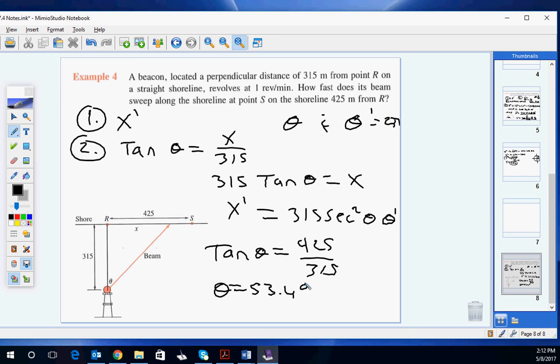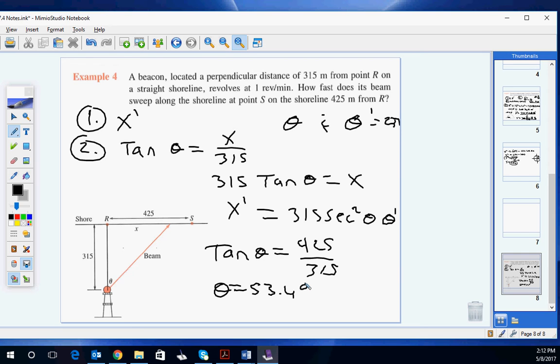A revolution is a radian measure. Somebody asked me last year, how come you can put 2 pi for this, but then 53 for this? Well, because if I'm in degree mode with my calculator, it only applies to the trigonometry one. So the 2 pi is a value. Does that make sense? Okay, so don't be confused there.